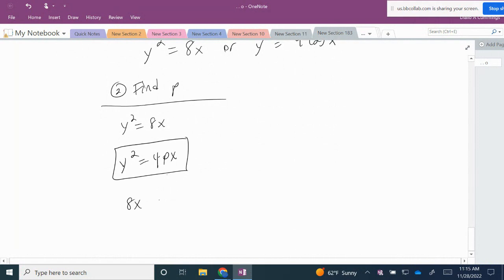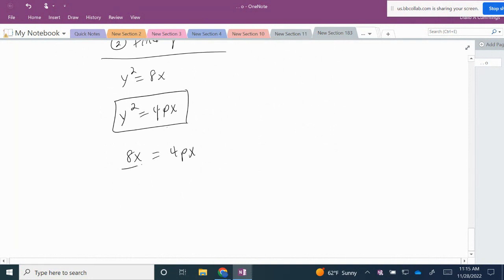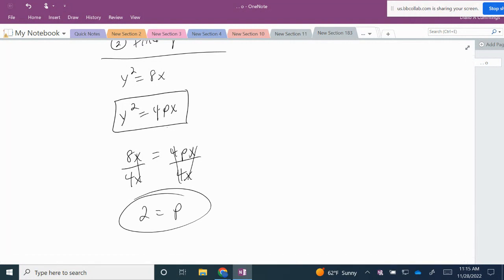So we're going to set 8x equal to 4px. We're going to solve for p, so we're going to divide both sides by 4x. So 2 is going to equal p. So now we're simply going to substitute p into the equations for that model form.